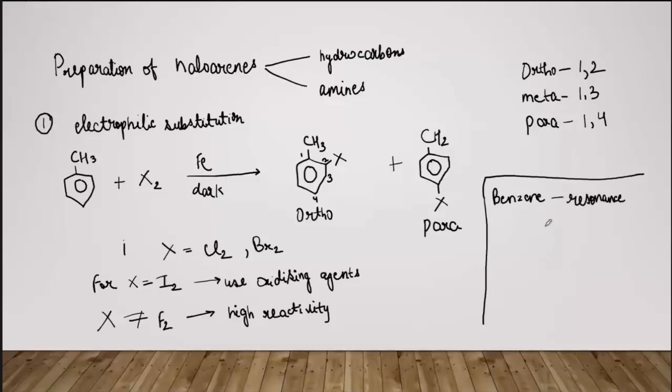Because of this resonance, you will be able to understand that in benzene, the electron density is high in the ortho position and the para position, and electron density is less in the meta position. Like in this compound, the electron density is high on the second carbon, on the fourth carbon, and then again on the sixth carbon.